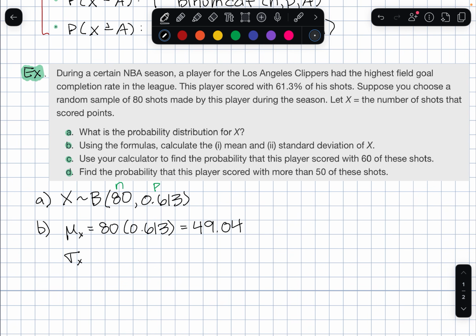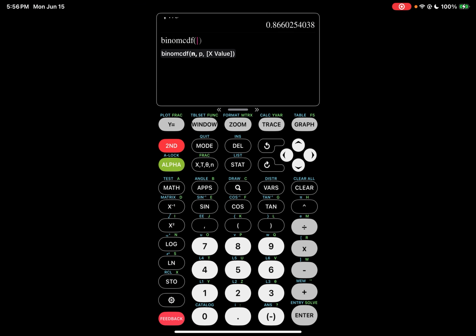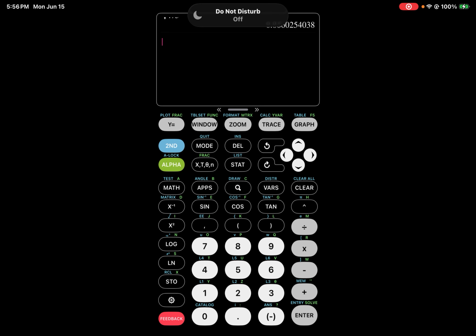For standard deviation, or the spread about that mean, we're going to do the square root of N times P times 1 minus P, the failure rate. And I'm going to go ahead and do that on our fancy calculator. So square root, 80 times 0.613 times 1 minus 0.613.